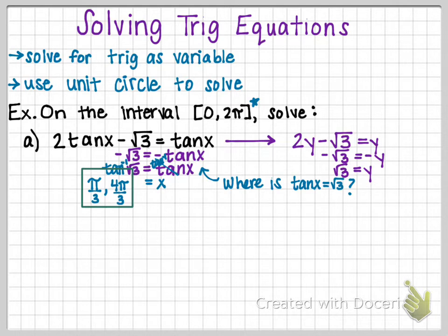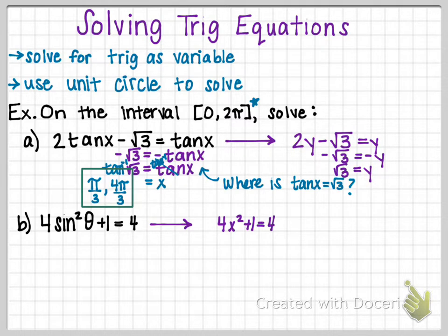Ooh, this one will be fun. So we have 4 times sine squared theta plus 1 equals 4. So once again, if it makes your heart happy to look at this as 4x squared plus 1 equals 4, and you want to solve that, absolutely feel free.